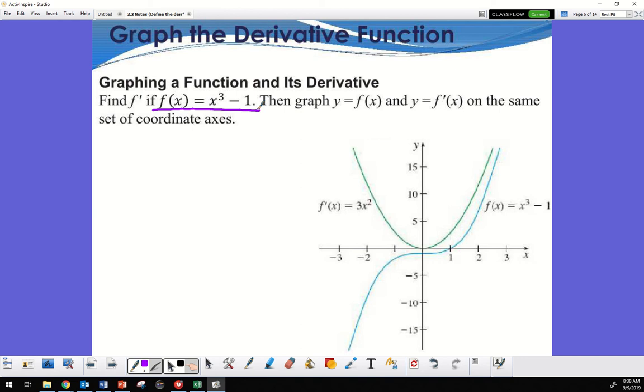So if f of x is equal to x cubed minus 1, I'm going to say f prime of x is equal to 3x squared. I want you guys to have this part right here. Now, this is one of the most complicated parts of this.